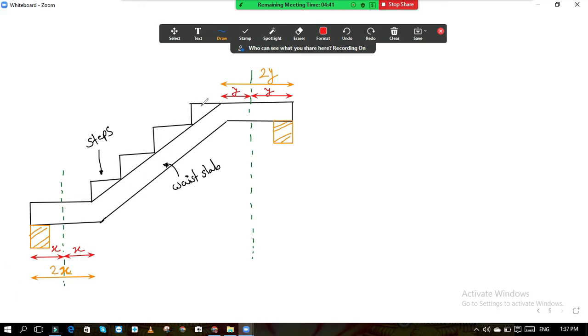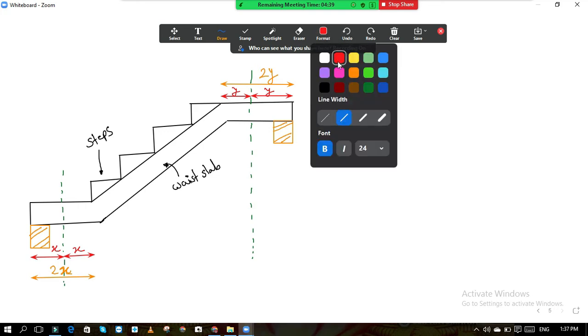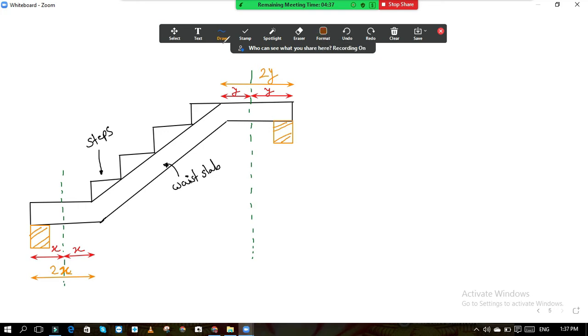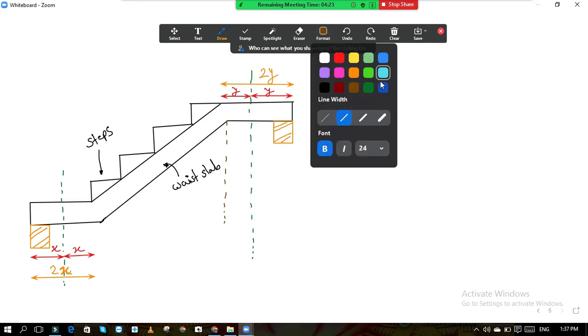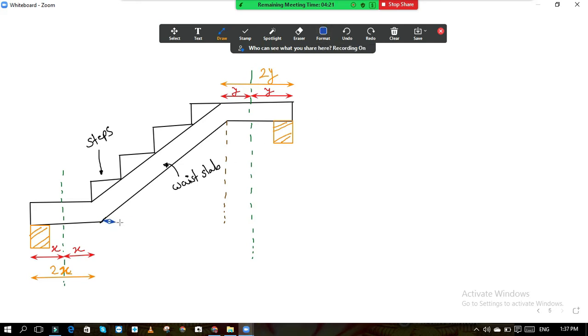Then the length up to this point, I will project it from here. This length is called the going length.